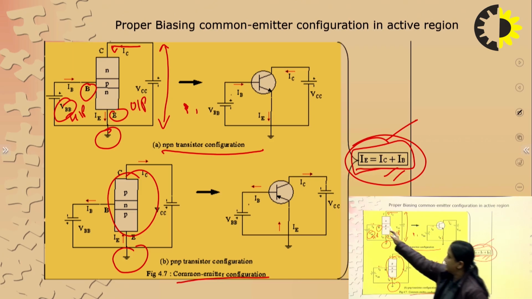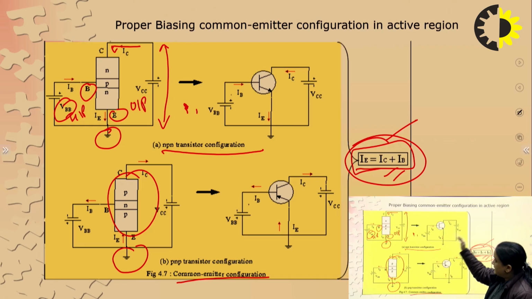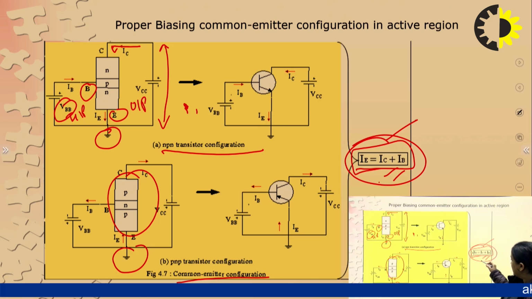That is, we are getting the output in terms of the collector current. So this is the basic circuit diagram analysis of BJT in common emitter mode, in which we have derived this equation, which is called the current equation for the BJT in common emitter configuration.